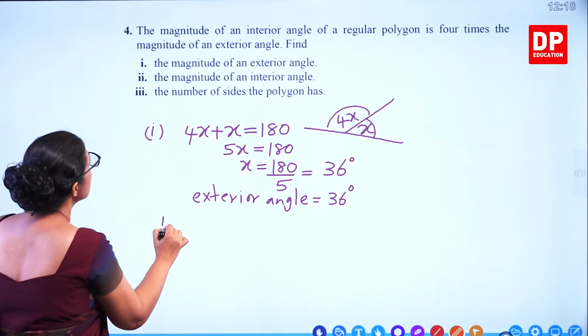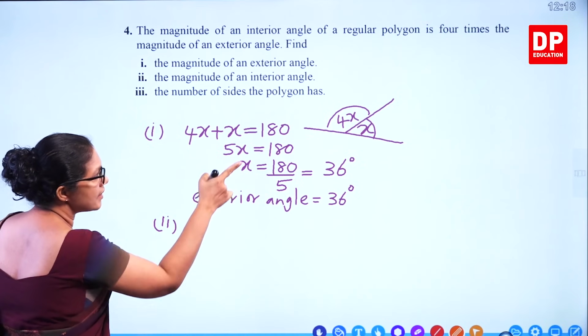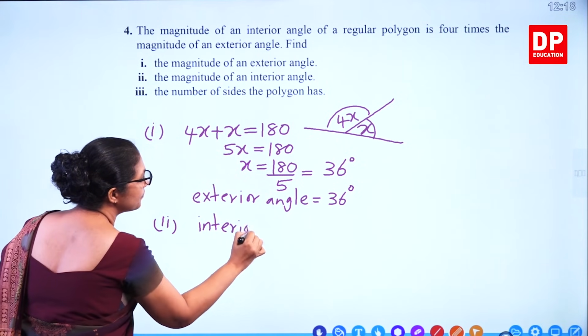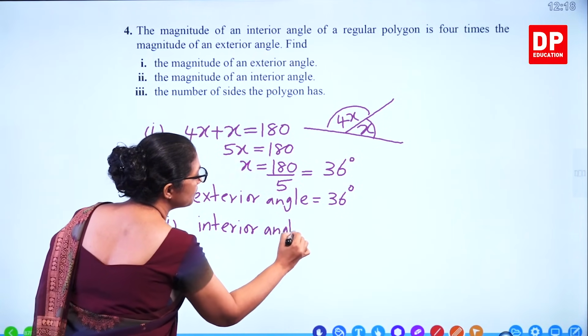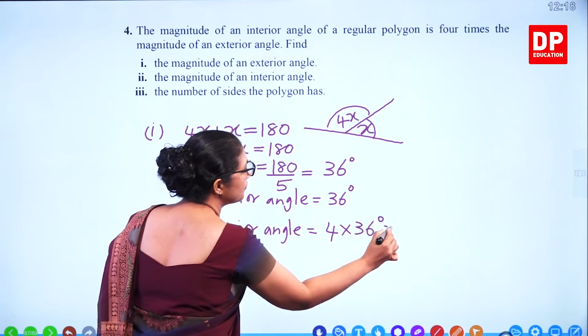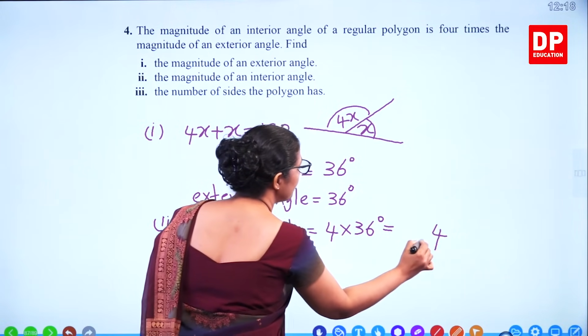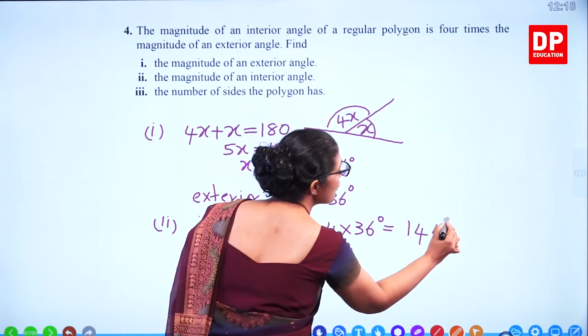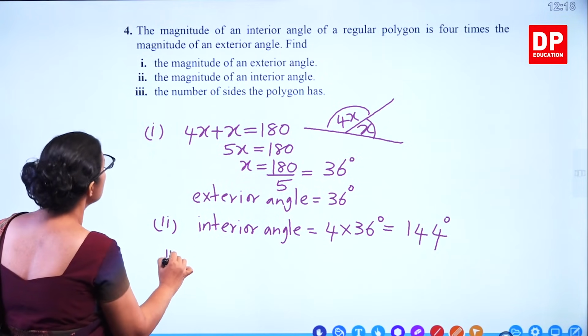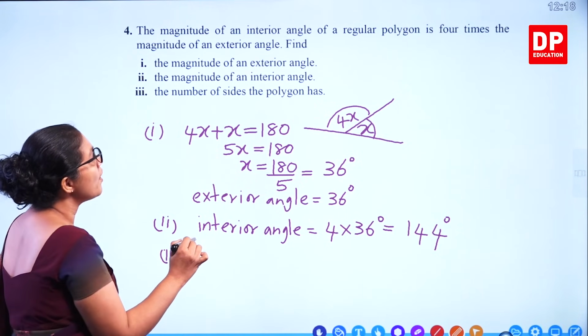Then second part, find the interior angle. Interior angle means 4x. 4 times 36, 144 degrees. And third one, the number of sides the polygon has.